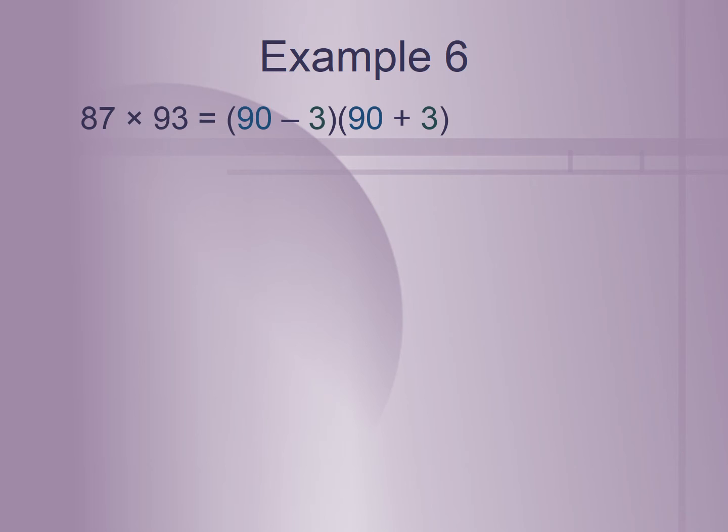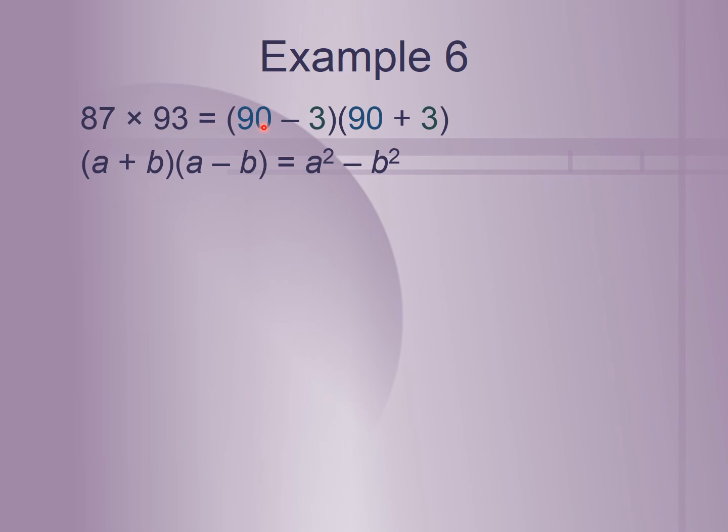All right, so here's another example. In this example, we're going to show how knowing these special products can help us do mental math. So for example, if we have 87 times 93, well, we know that it's 90 minus 3 times 90 plus 3. Those are conjugates, which means that we can do the product of conjugates, which is a squared minus b squared.